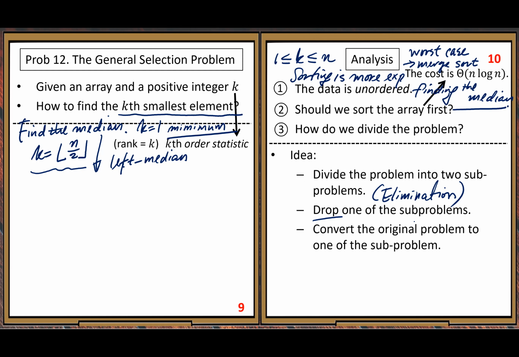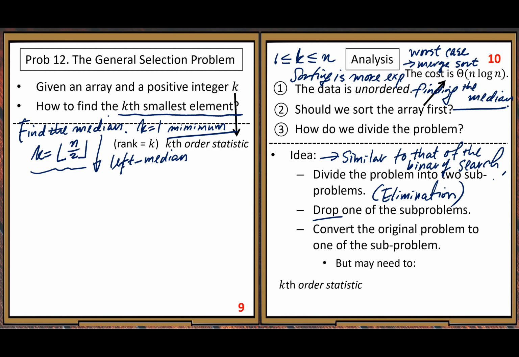The idea is similar to that of binary search, although it is much harder than binary search. But the big picture is very similar to binary search.